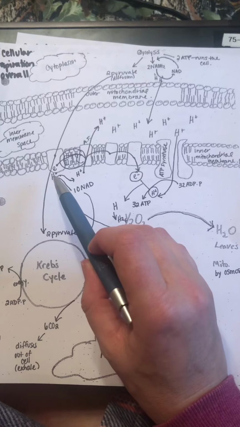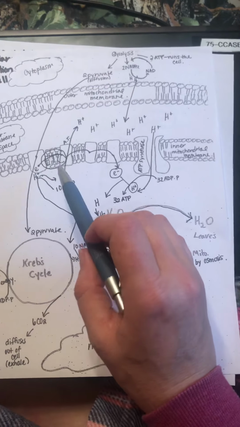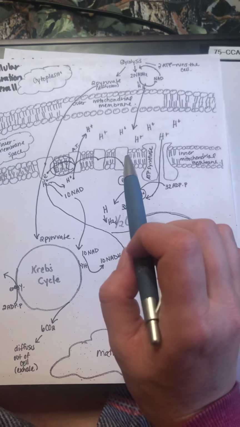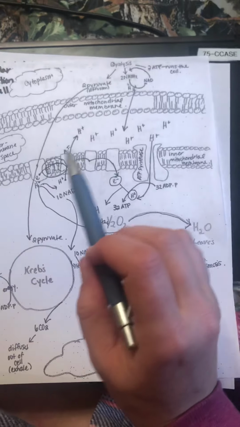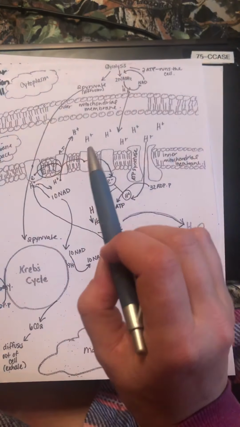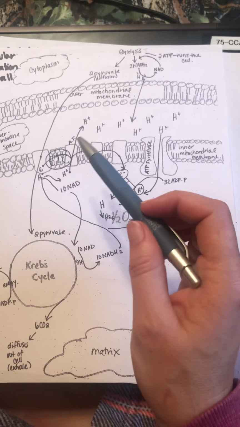So NAD drops off its hydrogens, and the hydrogens donate their electrons to these receptor molecules that we call the electron transport chain. Essentially, similar to what we saw in our photosystems, our electron gets transferred from one of these molecules to the other, and you're seeing this AT right here means active transport.